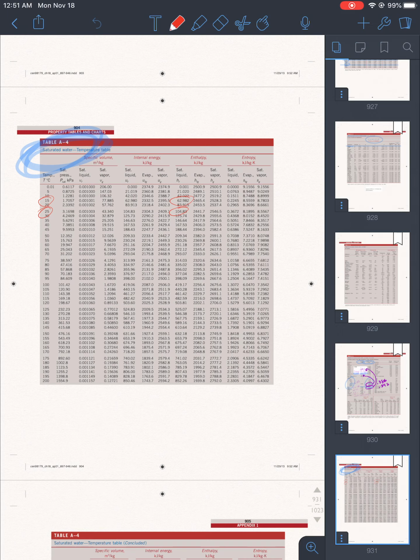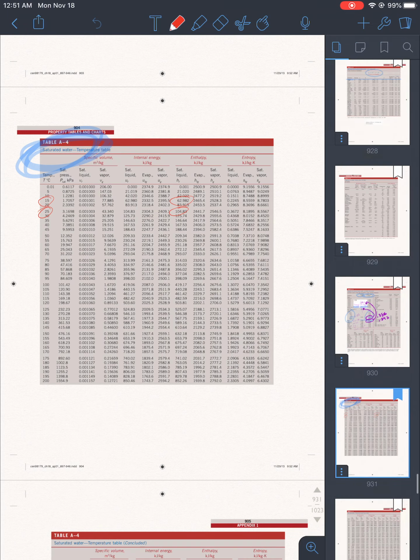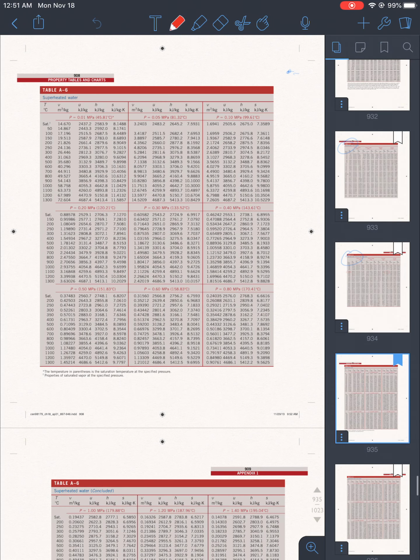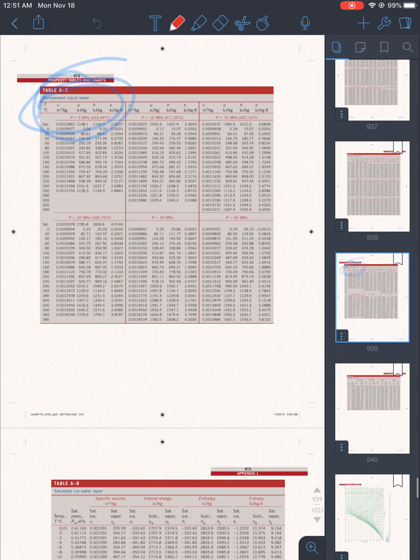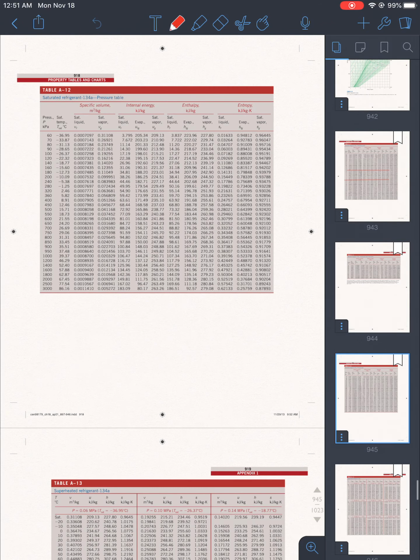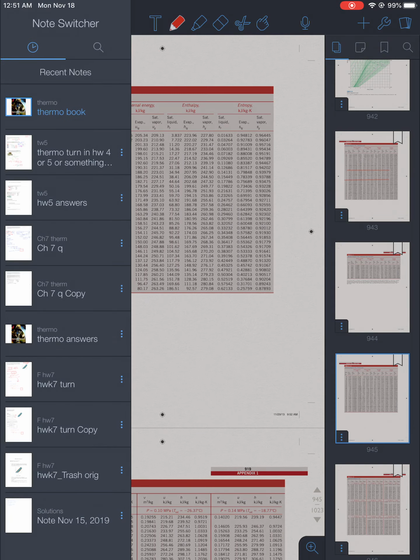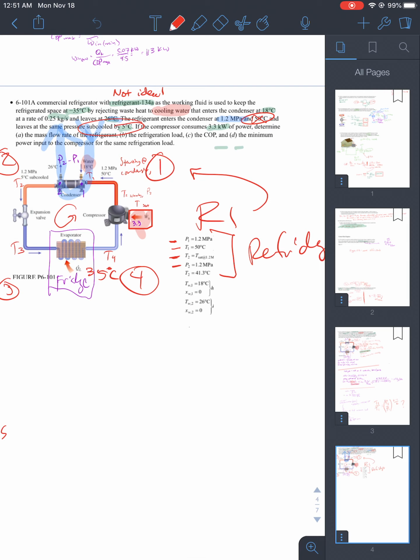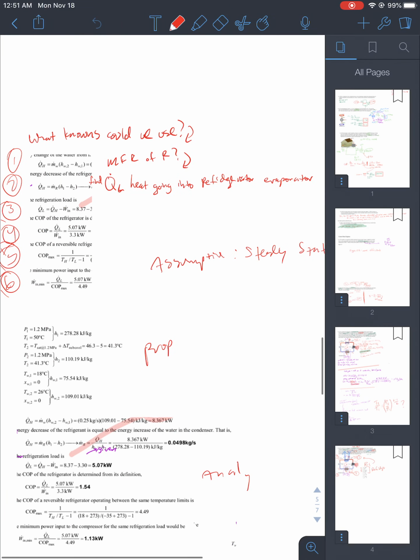So here we're at saturated water tables, and let's go down to refrigerants somewhere around here. Superheated water, compressed liquid. Saturated meaning I think liquid form. So at the temperature, was it 30 C? At 1.2 megapascals, the saturation temperature is what?